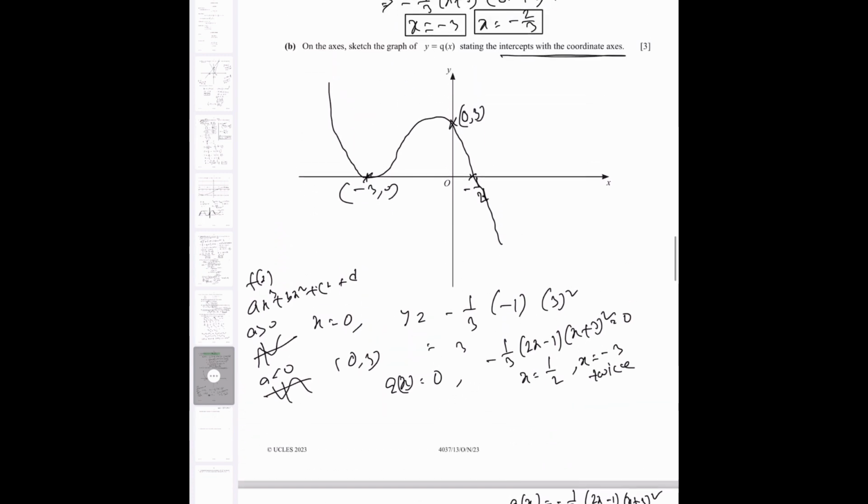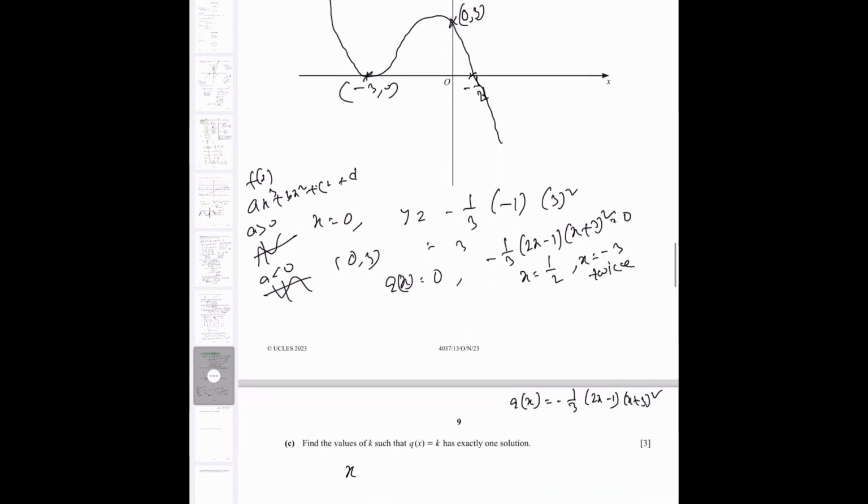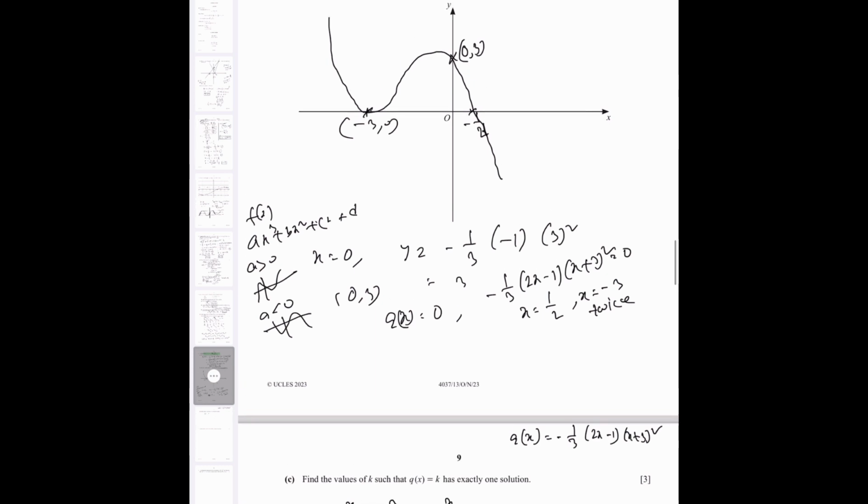Okay, and the x values are minus 3 and minus 2 by 3. If I use these x values, we will find y. Just plug in x equals minus 3: 2 times minus 3 minus 1, times (minus 3 plus 3) whole square, that is 0.